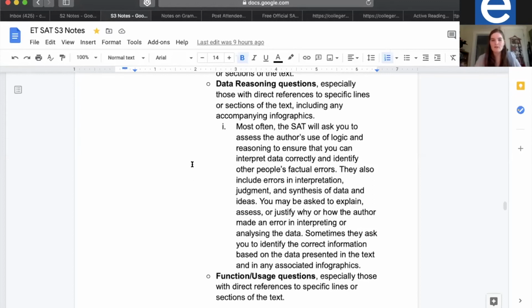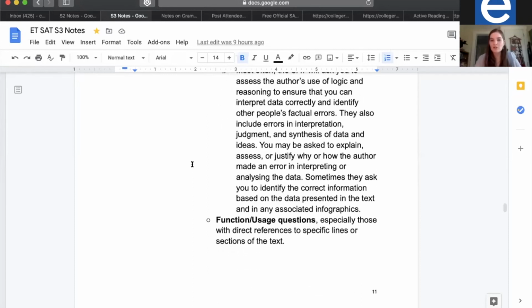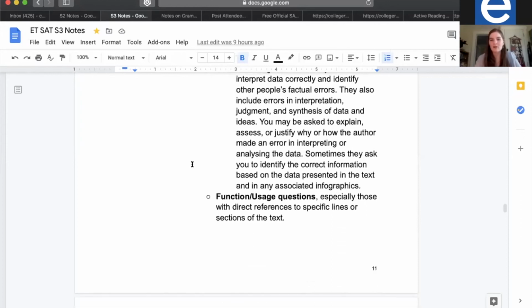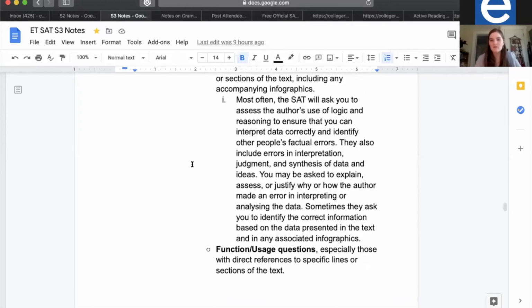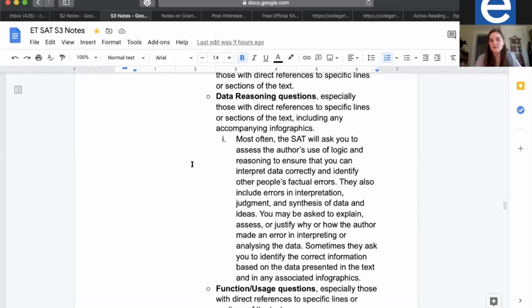Data reasoning questions. Often the SAT is going to ask you to assess the author's use of logic and reasoning to ensure that you can interpret data correctly and identify other people's factual errors. So this is another kind of question you're going to see. These tend to be focused on the infographics, okay, and incorporating information from an infographic into relevant information in the text, okay?